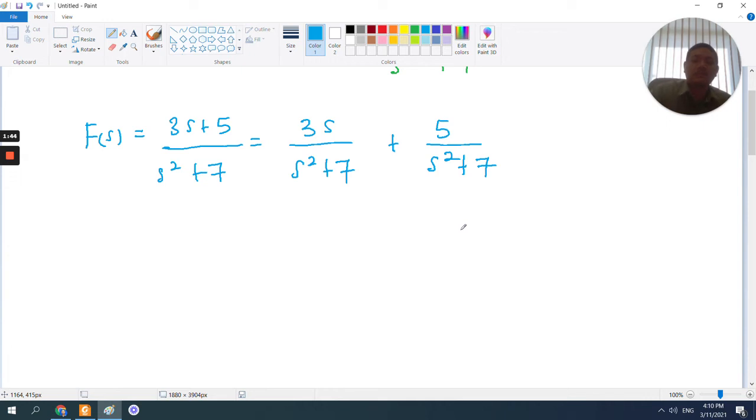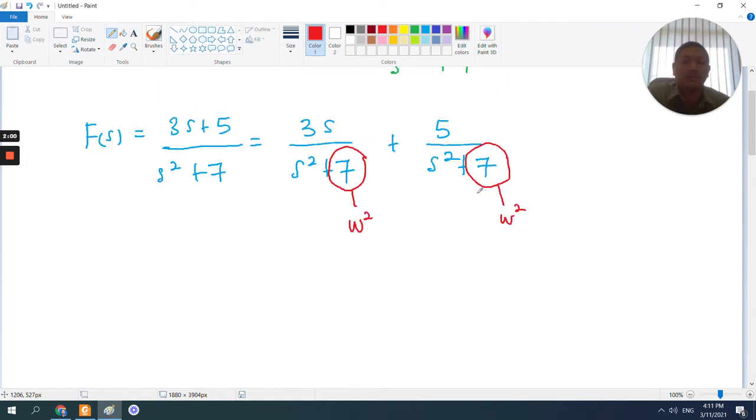But the thing is, we must change this into omega squared. Same with this, omega squared.